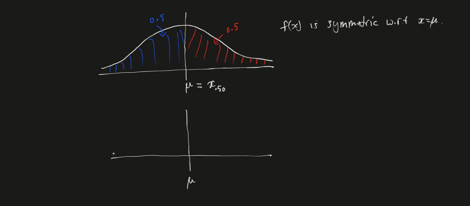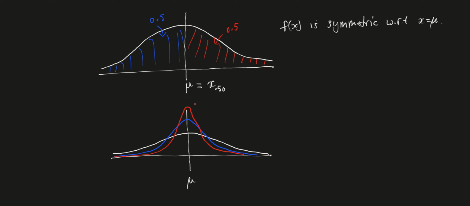I have something like this, which is relatively flat, or something like this, which peaks a little bit higher, or something that peaks basically like that. So they all have the same mean.